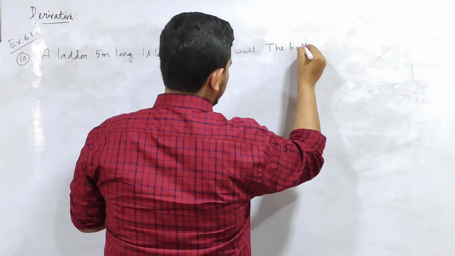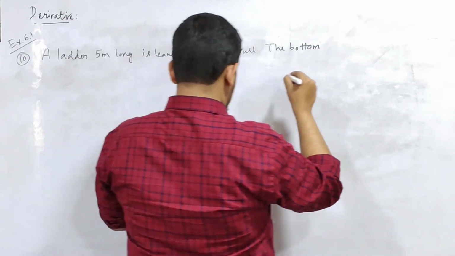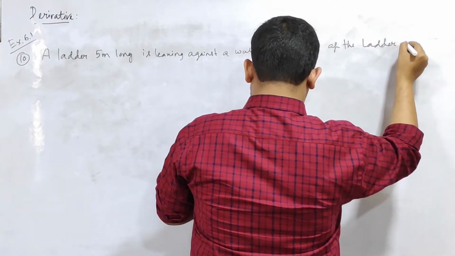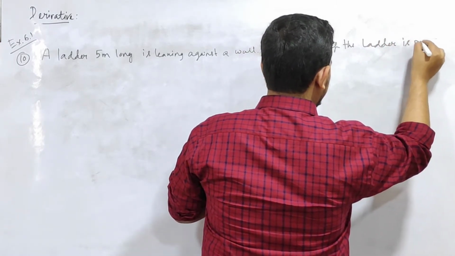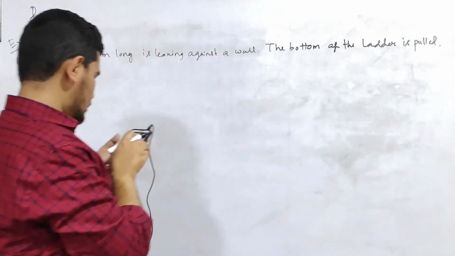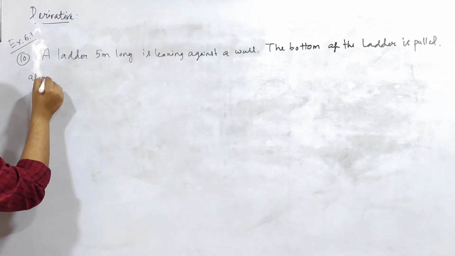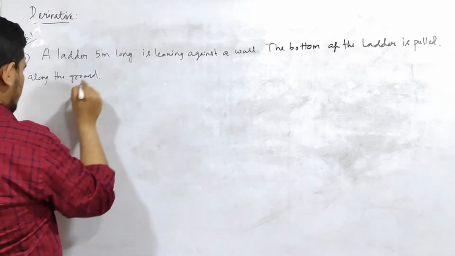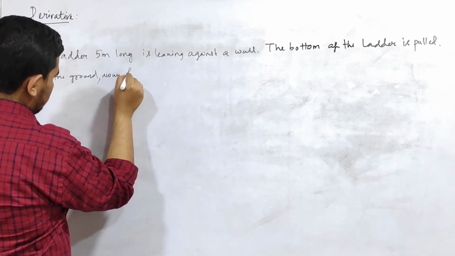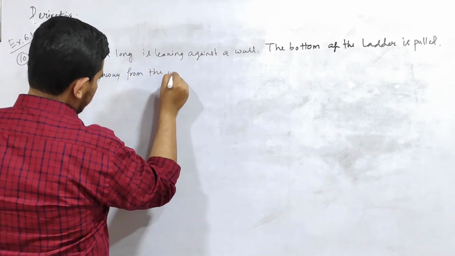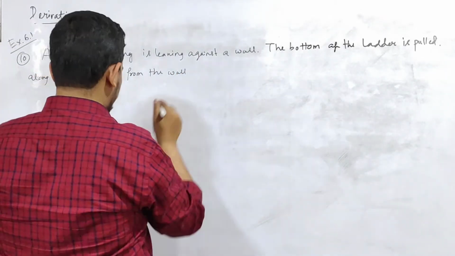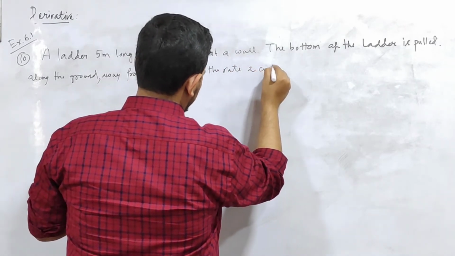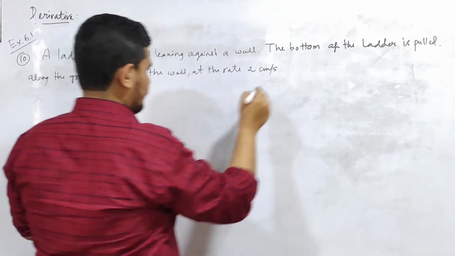The bottom of the ladder is pulled along the ground away from the wall at the rate of 2 centimeter per second.